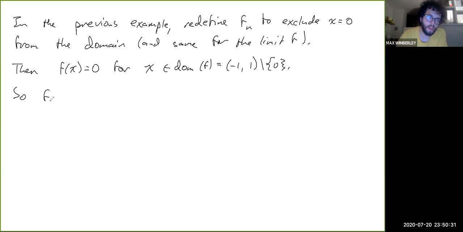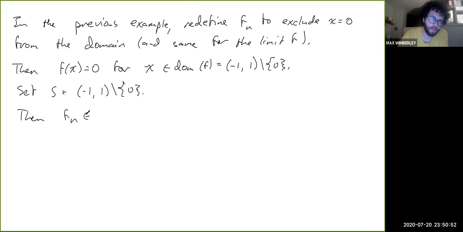Well, okay, let me just set S for convenience to be -1, 1 without the point 0. Then fn is in C of S for all n, as is f.